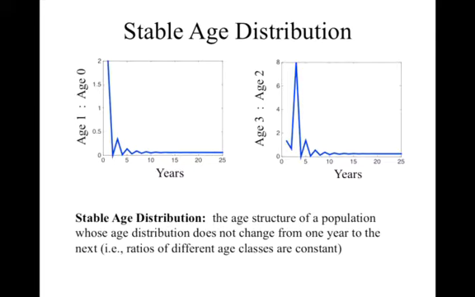And that's when the population has reached a stable age distribution. If even one of those ratios changes, the population is not at a stable age distribution. All right, so here, we've reached that stable age distribution in around 10 years, slightly later than 10 years.